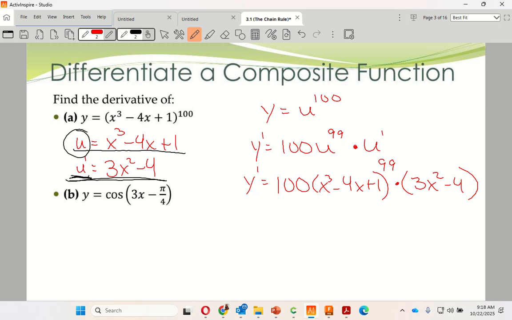Because we have a couple different things that we have to take the derivative of. So the derivative of all of this, right? I can expand this to get this, but then I also have the derivative of the inside. The derivative of the inside right here is different than just u to that, right?